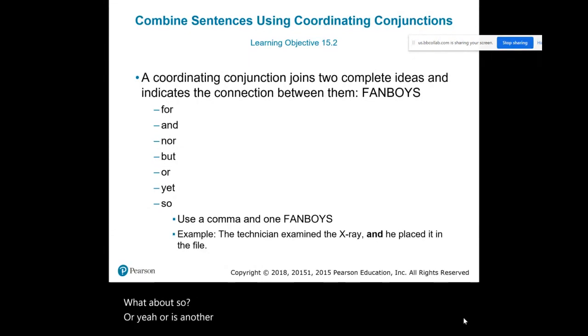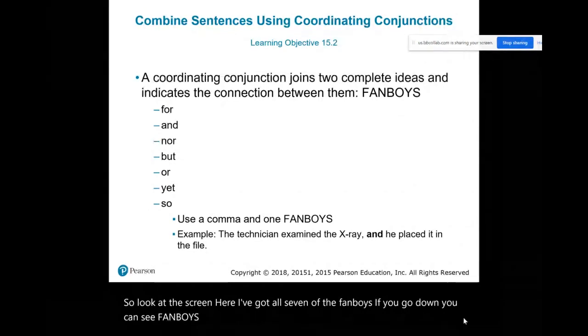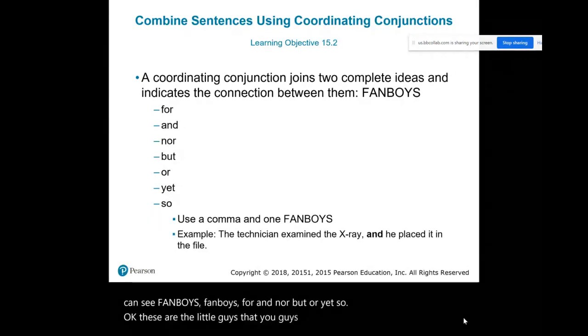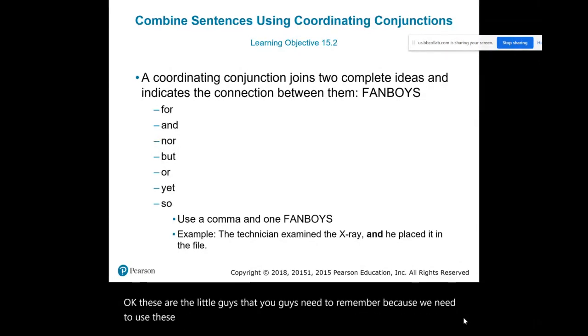Oh, yeah. So look at the screen here. I've got all 7 of the fanboys. If you go down, you can see F-A-N-B-O-Y-S, fanboys. For, and, nor, but, or, yet, so. Okay? These are the little guys that you need to remember because we need to use these when we make a compound sentence. So look at my example sentence.